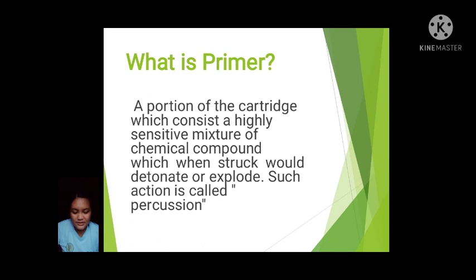Next, let's talk about the primer. What is primer? A portion of the cartridge which consists of a highly sensitive mixture of chemical compound which when struck would detonate, or explode. Such action is called percussion.